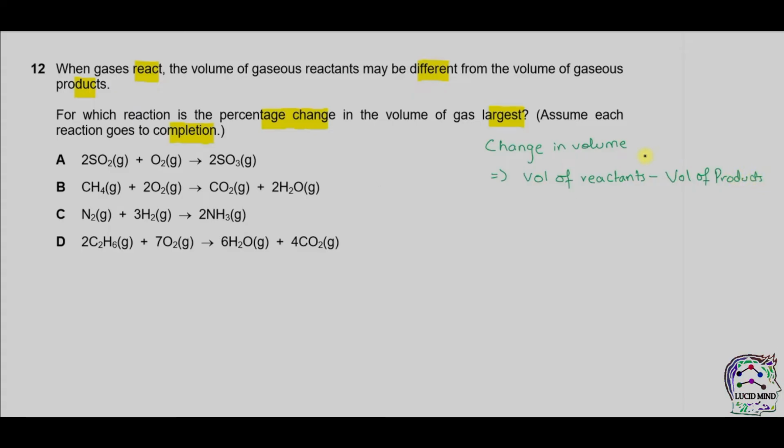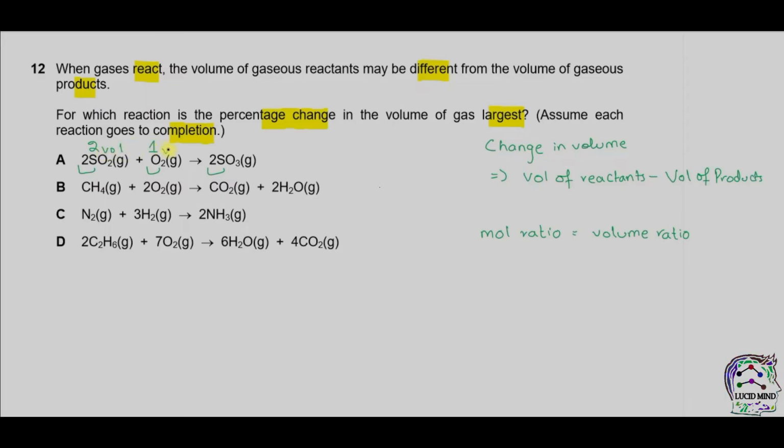As in the question, they haven't given the volume, they have only given the number of moles. So for gaseous equations, you can always assume that mole ratio is similar to volume ratio. So for 2 moles of SO2, we can write 2 volumes of SO2.